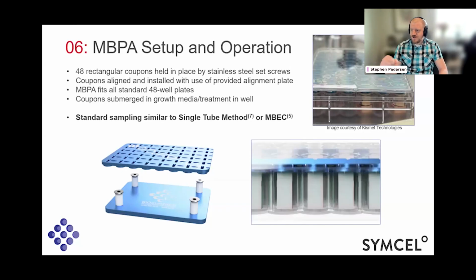So when you're setting up all the coupons and you tighten the set screws, you lift that coupon plate up, place it in your 48 well microtiter plate, and those coupons are perfectly aligned inside the wells for your experiment to begin. The sampling methods for these can include either a single tube method, if you're familiar with that. That's kind of the standard for our CDC reactor and our drip flow reactor, things like that. Or you can use the MBEC method for the micro dilution and plating that way.